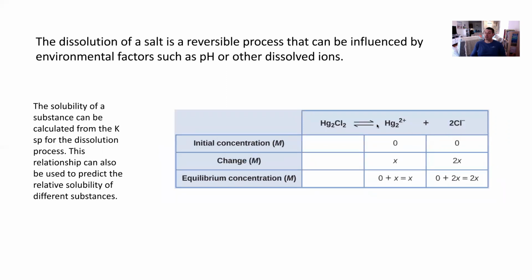In some of our other reactions, like the mercury(I) chloride, where the mercury(I) stays together, since its stoichiometric ratio is 1, its change would just be x, whereas there are 2 chlorides, so that's going to be 2x. The change is still based on stoichiometry, so make sure you include those coefficients in front of your x. Then if you were to write the Ksp, it would be x times 2x squared, so you would get 4x to the third.